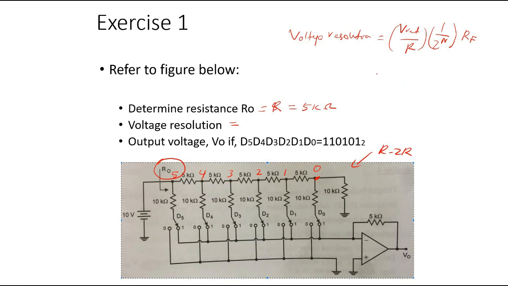Okay, so V reference kita berapa? 10 divided by R kita 5K multiply with 1 over 2 power of, okay, sekarang ni kita berapa bit?